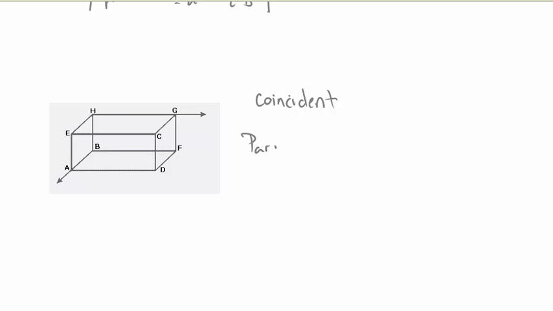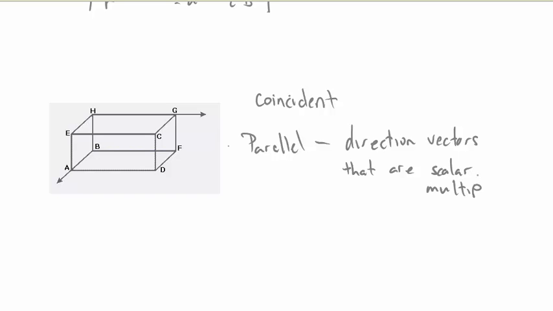Then there are parallel lines. Parallel lines will have direction vectors that are scalar multiples. But they don't intersect each other.